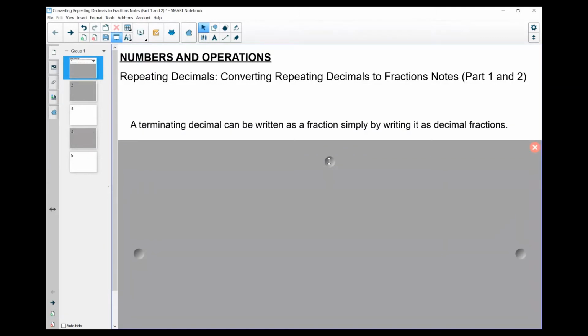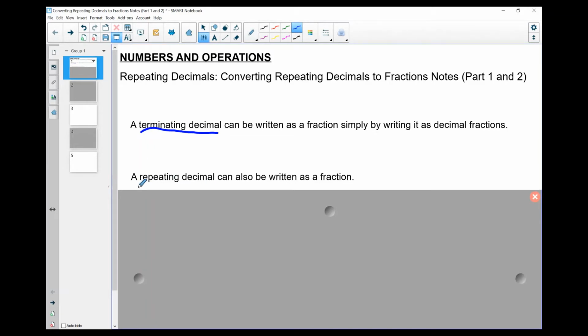Now, if you remember from Monday's lesson, I talked about this right here, a terminating decimal, which can be written as a fraction simply by writing it as a decimal fraction. So that is just a little recap here.